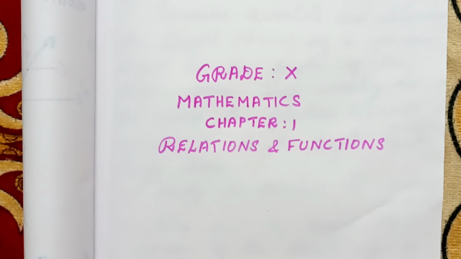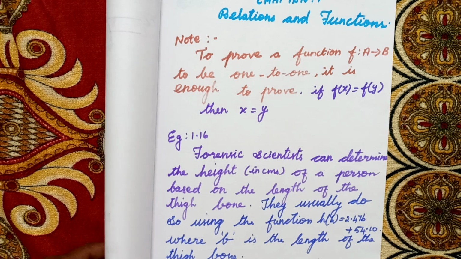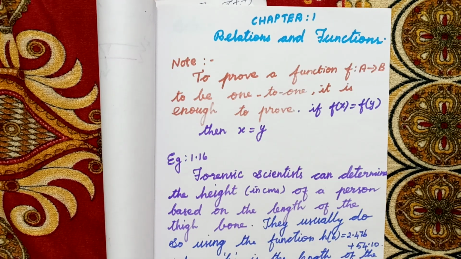Today I'm going to explain example problem, example 1.16. Students, what are the types of functions? One-one function, many-one function, onto function, into function. What is one-one function? Distinct elements in A have distinct images in B. Next, what is many-one function?